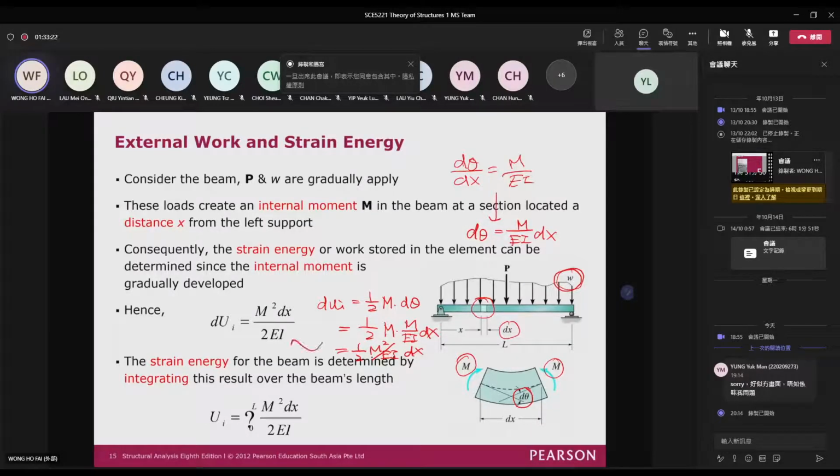So you have this expression here, M squared over 2 EI dx. So this is how we can get the internal strain energy. If we want to find the total strain energy inside the beam, we just integrate along the whole beam, because we will add all the small elements together. Then I will find the total strain energy inside the beam.